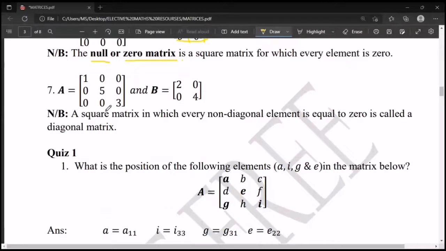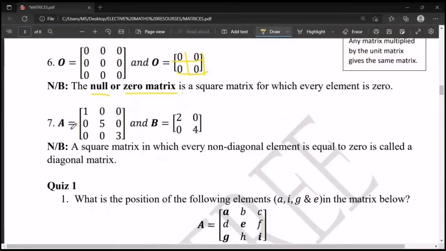Let's go to the type 7. Now, this matrix A, when you watch carefully, you see that the leading diagonals, the elements are not the same. So we cannot say that this is an identity matrix or a unit matrix.